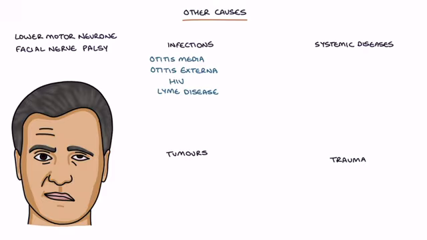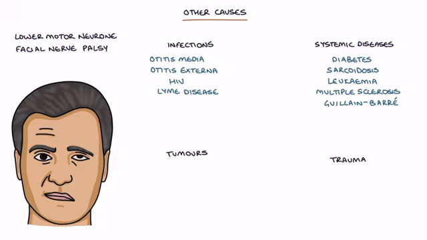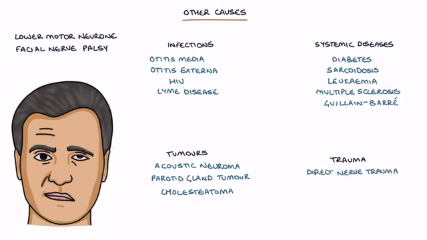Systemic diseases include diabetes, sarcoidosis, leukemia, multiple sclerosis, and Guillain-Barré syndrome. Tumors include an acoustic neuroma, parotid gland tumor, and cholesteatoma. And trauma includes direct nerve trauma, surgery, and base of skull fractures.